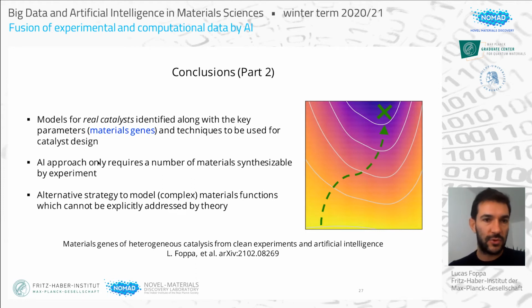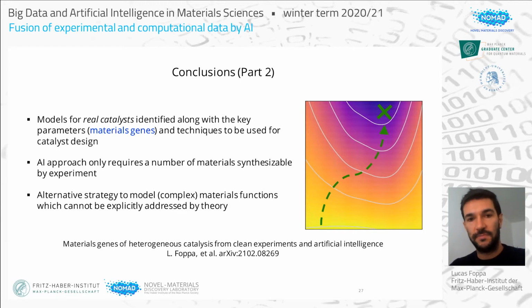This AI approach only requires a number of materials that is synthesizable by experiment. So we are talking about a much smaller number of materials compared to widely used artificial intelligence techniques that you've seen during this course. And this represents an alternative strategy to model these complex materials functions, which cannot be explicitly addressed by theory.